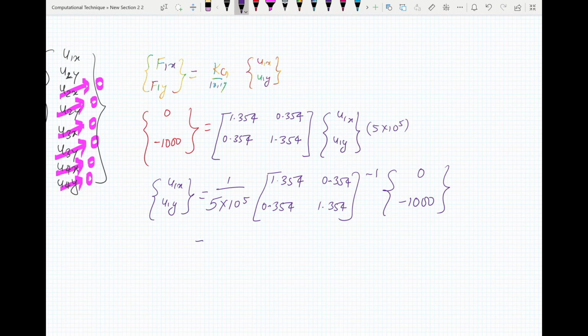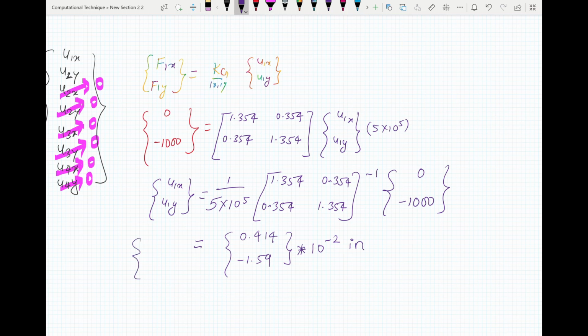Now when you solve this, what you'll obtain will be 0.414 and 1.59 into 10 to the power minus 2 inches.